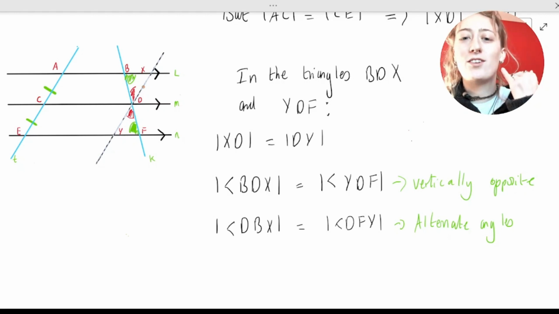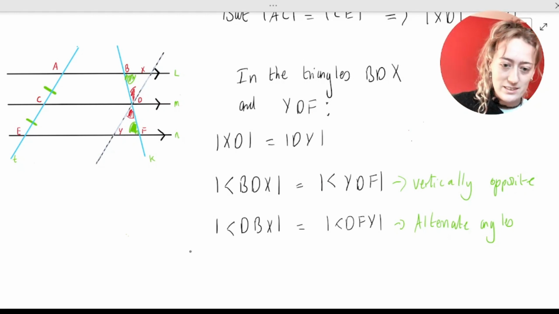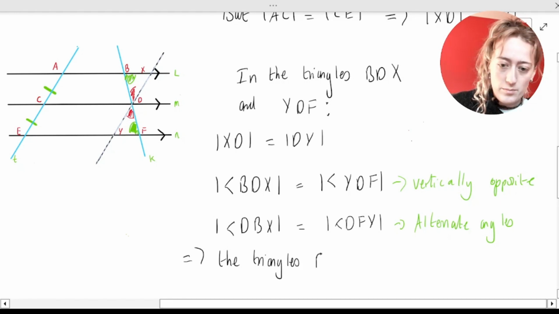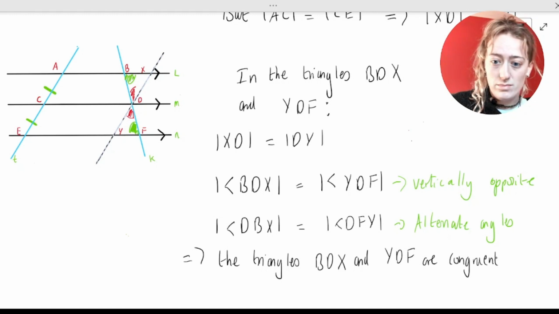That means these triangles are identical. Okay. So this implies the triangles BDX and YDF are congruent. The same, basically, is what that means.